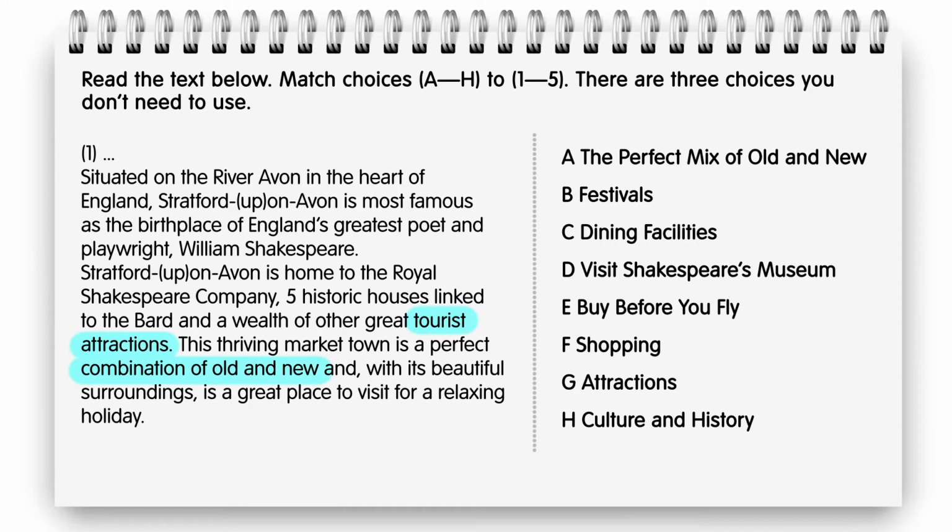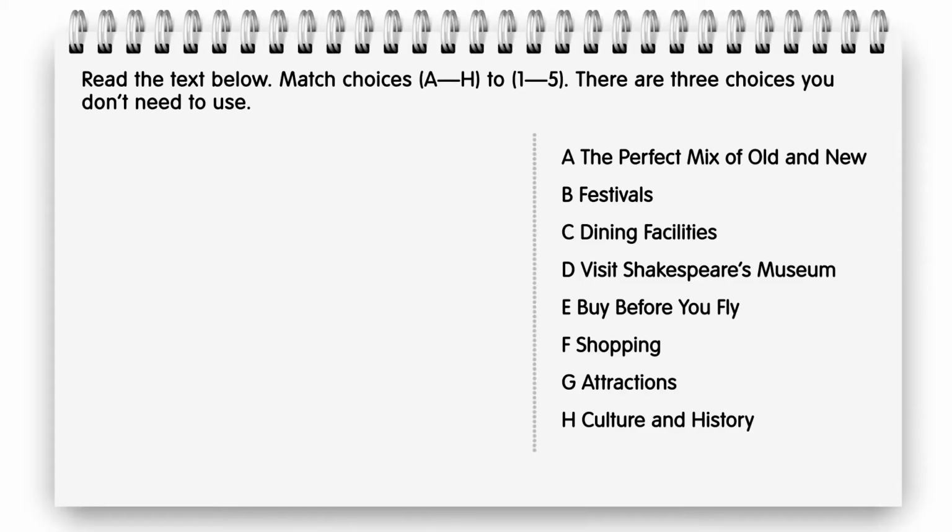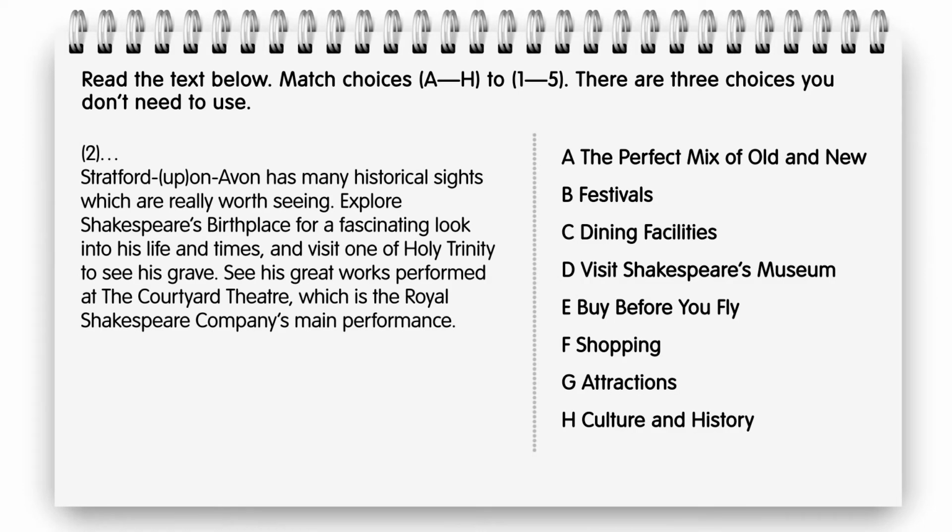Having read the text, we can circle and identify the following key words: tourist attractions, combinations of old and new. So, A and G both seem appropriate for this paragraph. Now, we have two options, so let's leave those alone and consider the next paragraphs. Now, let's look at the next one. Stratford-upon-Avon has many historical sites which are really worth a visit.